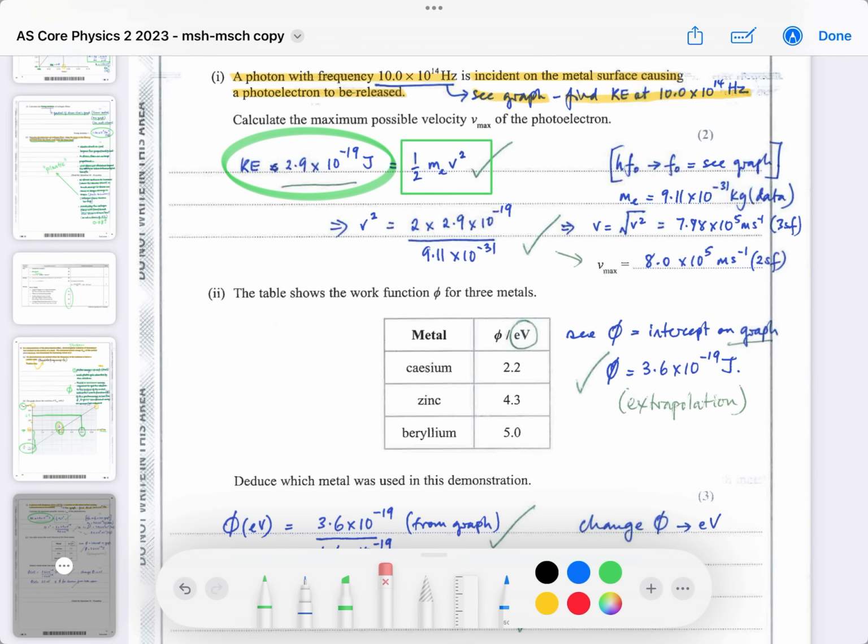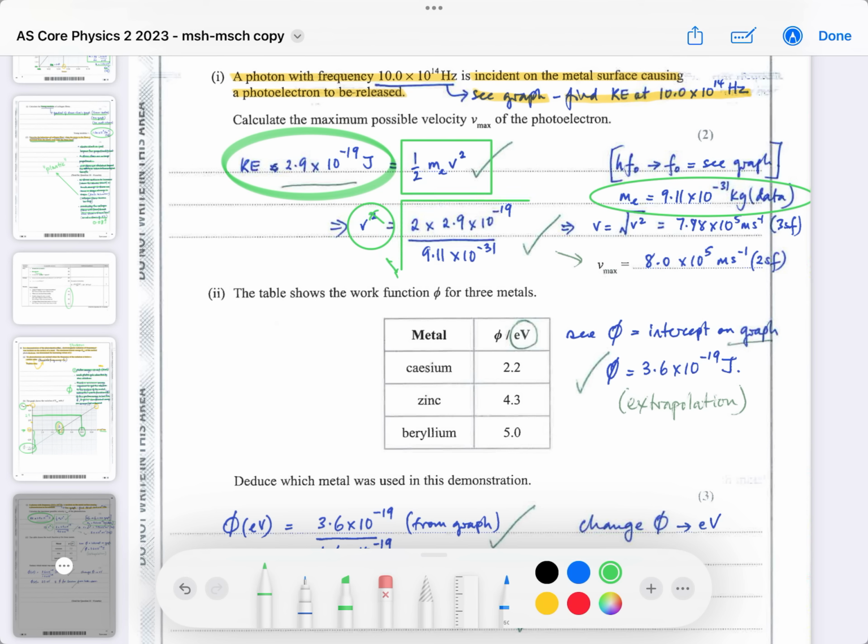So the mass is given to you on your data sheet, and therefore the only unknown is v squared. Change the subject of the equation round, and if you make no mistakes, you can then square root it. So if I want to get v, I just square root from here.